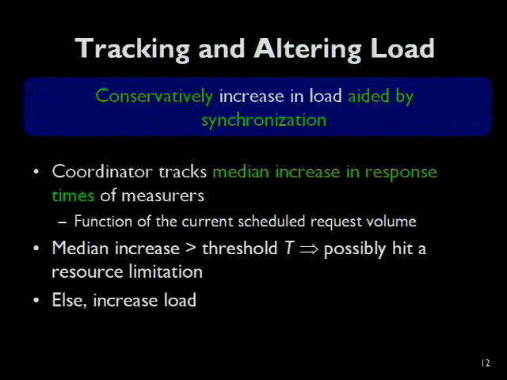And once that happens, if the median increase in response time is above a certain threshold t, then you conclude that I've made some impact on a particular resource. And then you say, perhaps there is some kind of a resource limitation here. This needs further exploration. Okay? If this inequality is not satisfied, meaning you haven't crossed the threshold t, you increase the load by having additional clients make the request. So that's basically it.